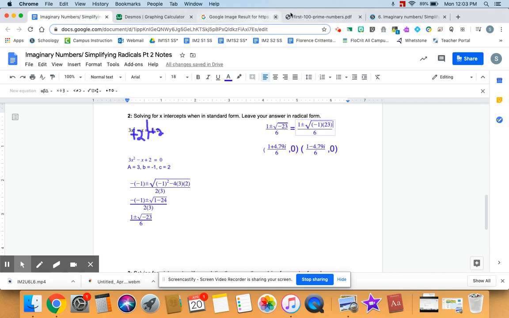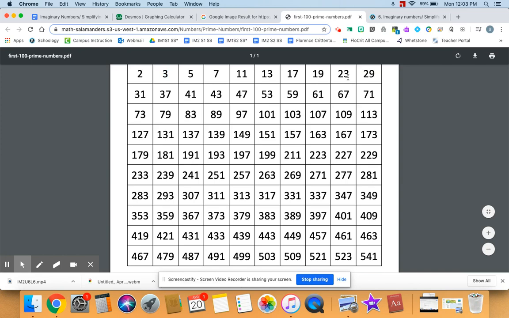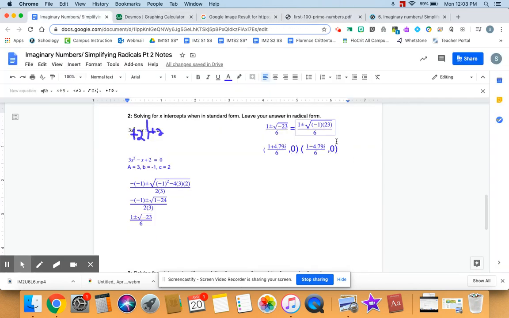Then, if I just check my prime number list, oh look, 23 is on it. You can't break 23 apart anymore. So the only thing that's going to happen is this negative 1 is going to come out and become an i.